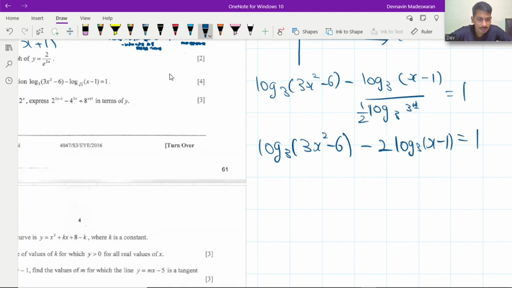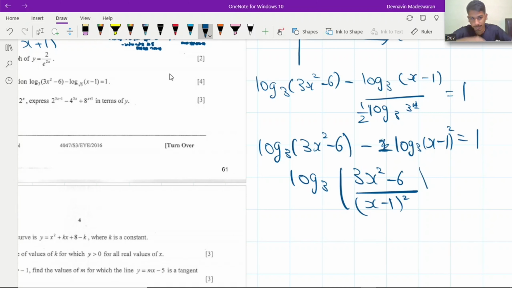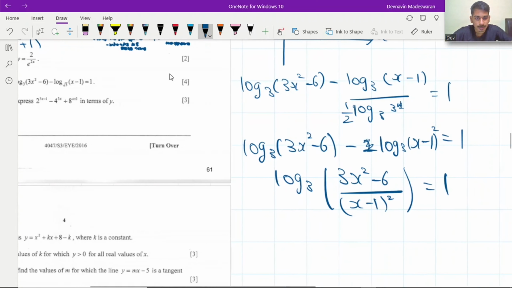But look at this. This is a square. You can think of it as a square. I can change this into a square, and then we can combine this thing. It's going to be log base 3 of 3x squared minus 6 over x minus 1 squared, and that's going to give us 1.